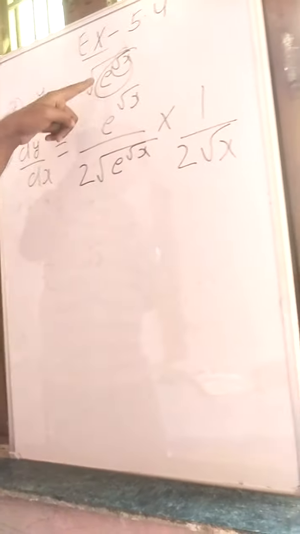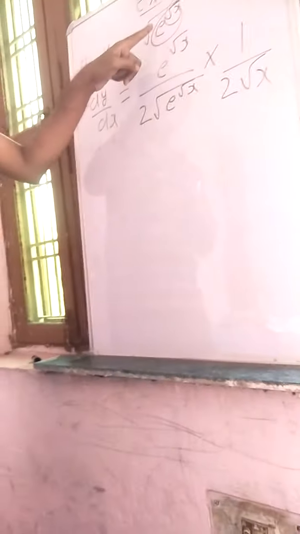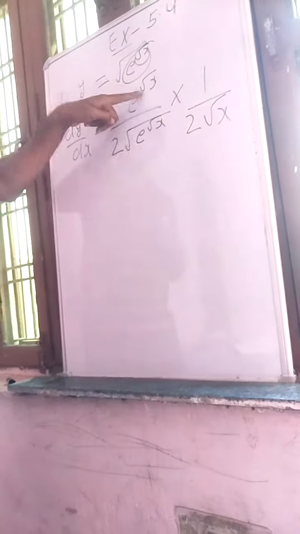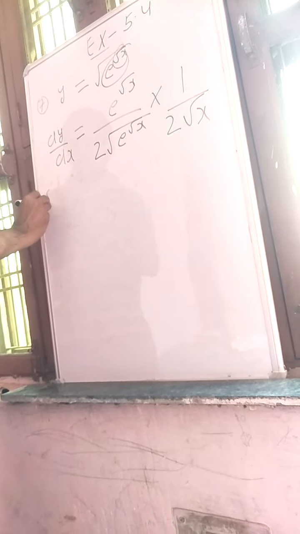First of all, we have to explain y equal to e to the power root x. Root x means 1 upon 2 root x. Here is e to the power root x, same to same, and root x derivative is 1 upon 2 root x. By the shortcut method, by chain rule.